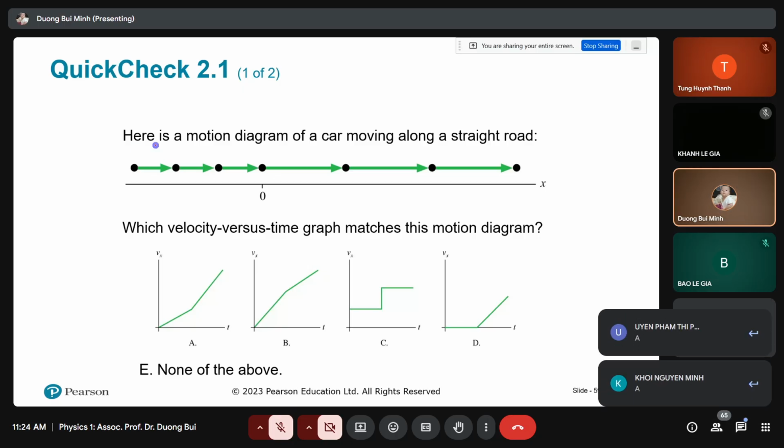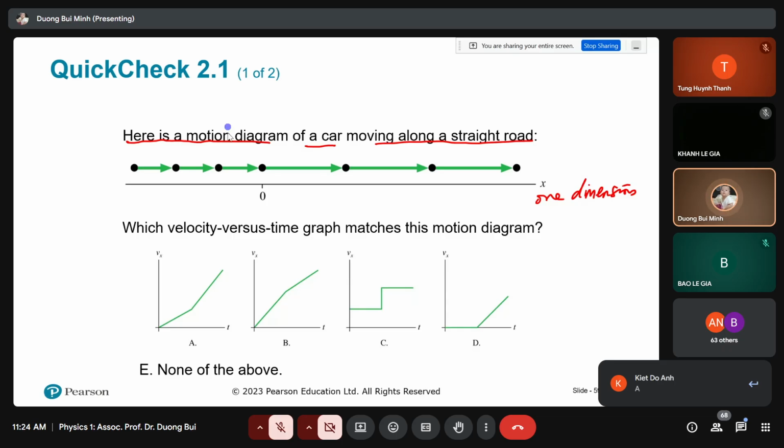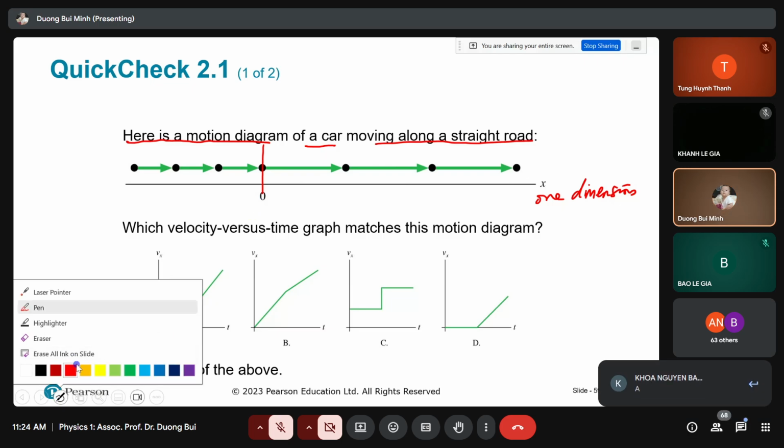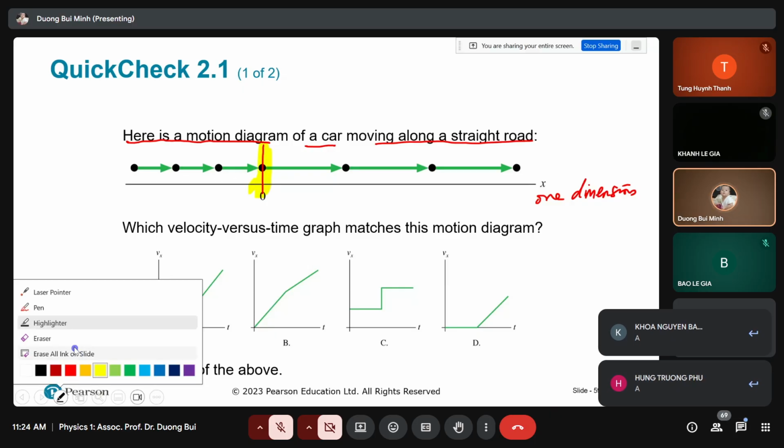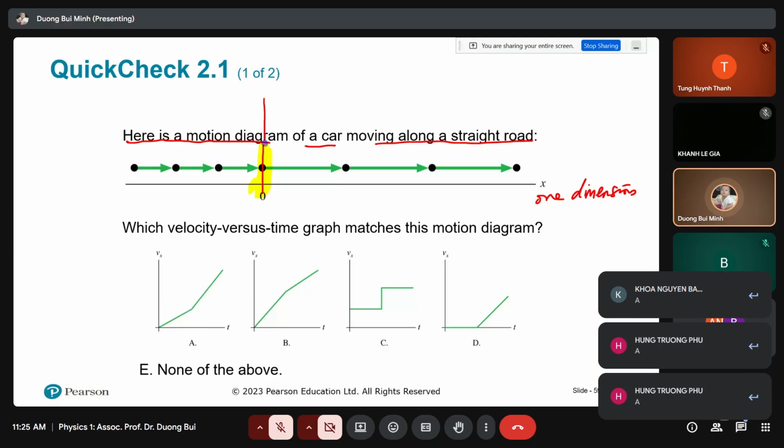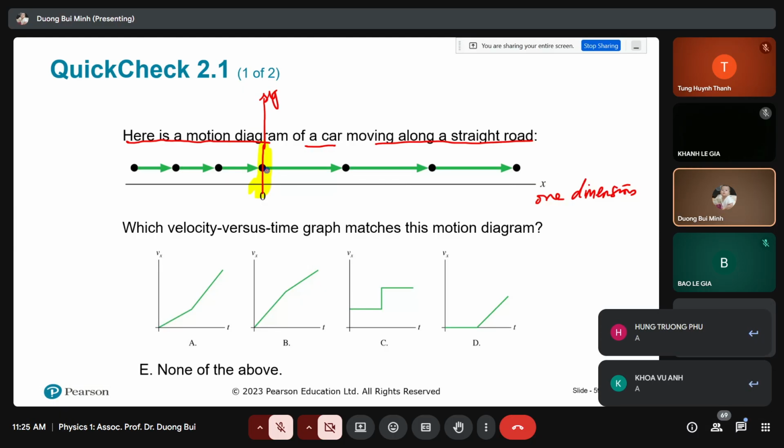Now here is a motion diagram of a car moving along a straight road. This means one dimension. And this is 0, you stay here, so here is y and here is x.